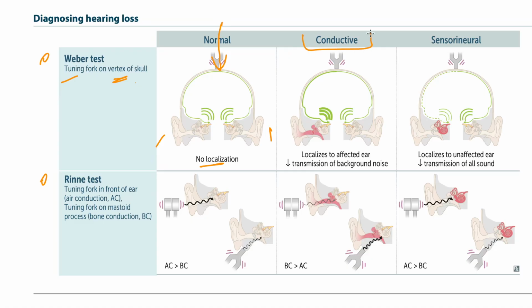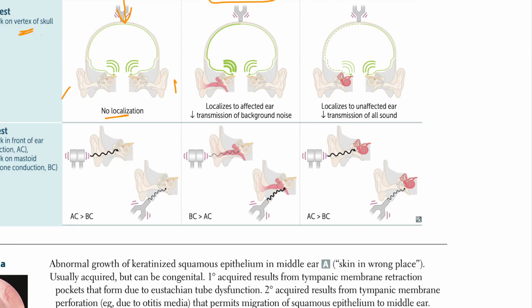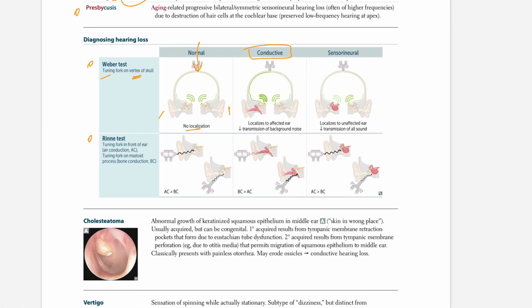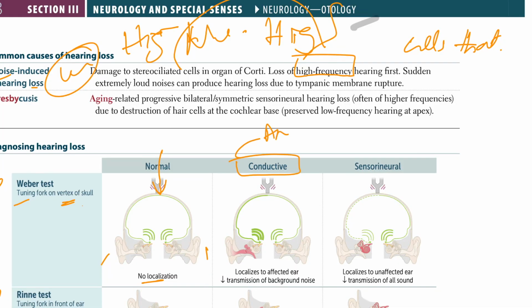Now, first of all, let's talk about what conductive hearing loss is. Conductive hearing loss is any disease that would interfere with conduction of sound from the external ear all the way towards the inner ear. Anything that blocks this conduction is called conductive hearing loss. And what about sensorineural hearing loss?